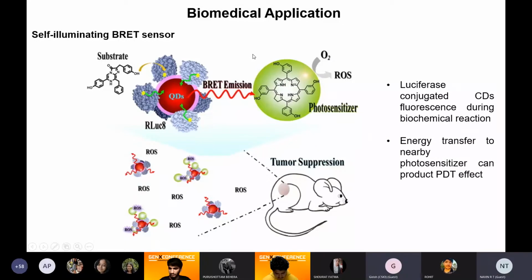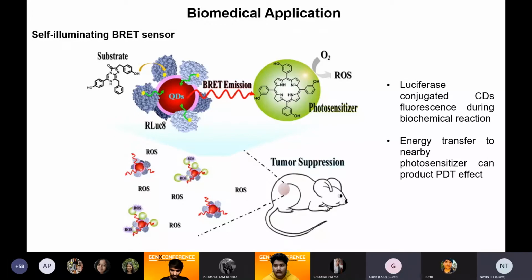Then another very interesting application which is being recently explored in the case of carbon dots is something called a BRET sensor. BRET, similar to FRET, stands for bioluminescence resonance energy transfer. In this case, a carbon dot is conjugated with the luciferase enzyme.